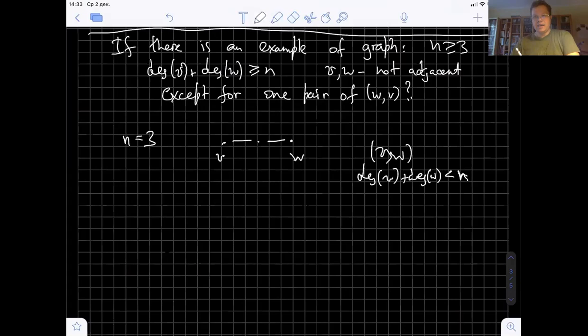So we can add some other vertices and then connect them. For example, we just connect them all to each other.